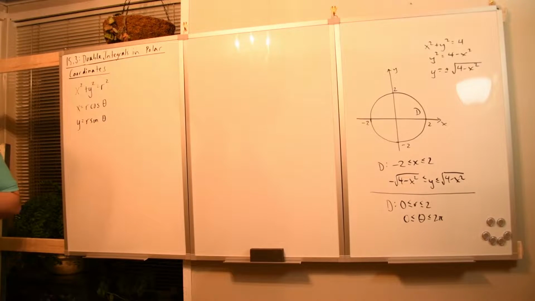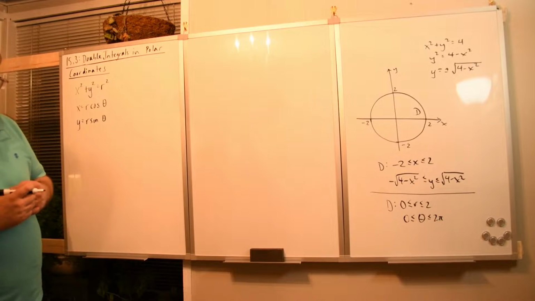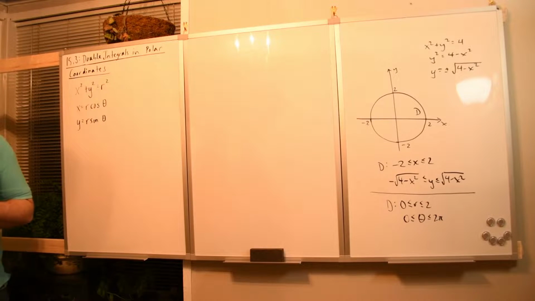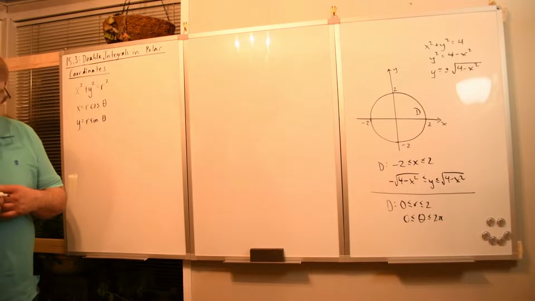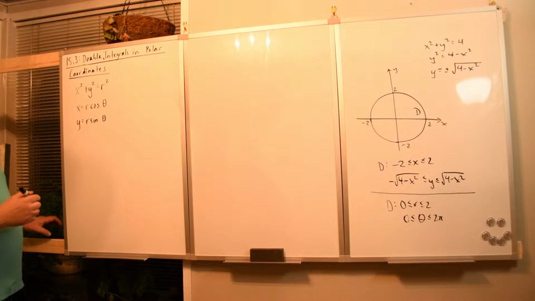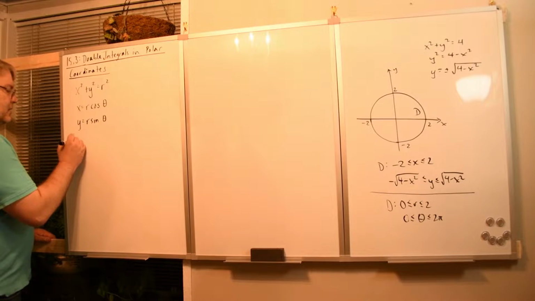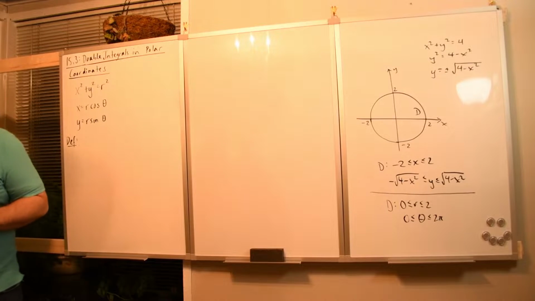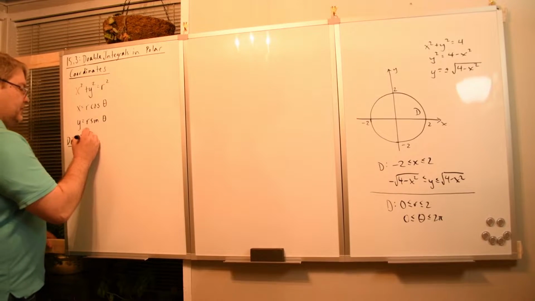So we're going to take a look at a certain definition. We certainly know what a rectangle looks like in terms of Cartesian or rectangular coordinates, but we could also think about this idea of a polar rectangle. And so that's going to be our next definition: what exactly is a polar rectangle. So let's suppose you have a region.